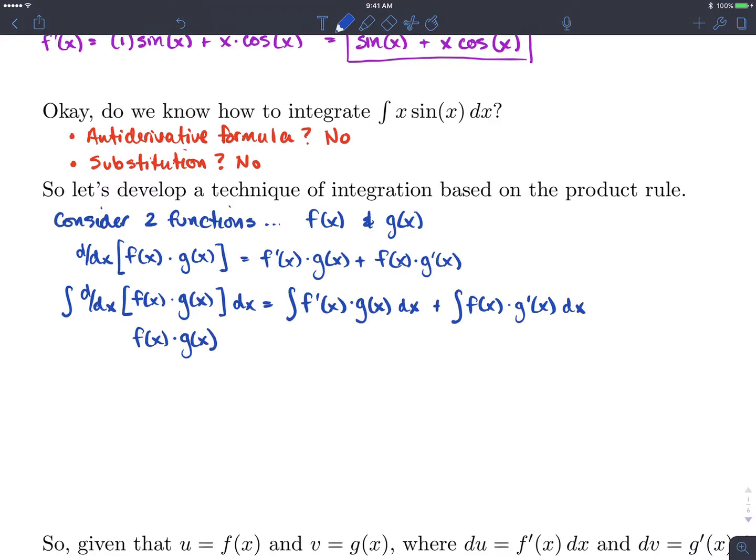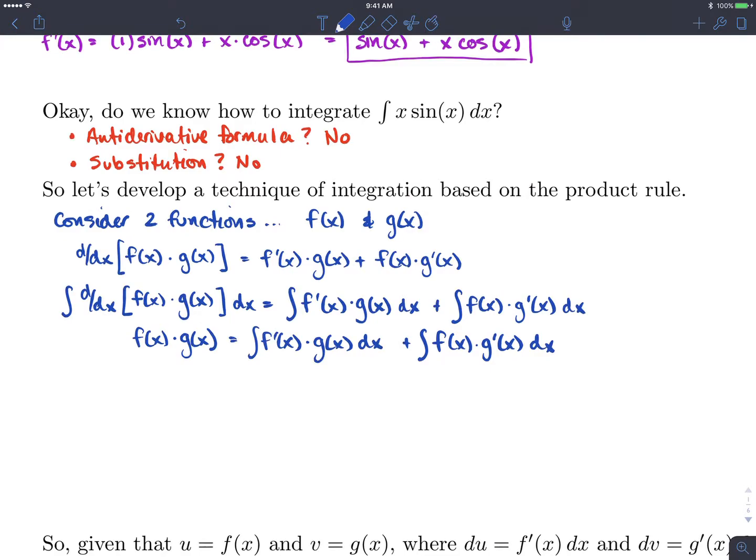And there's obviously going to be a constant of integration floating around, and we'll worry about that a little bit later. And then we still have these integrals: f prime of x times g of x dx plus the integral of f of x times g prime of x dx.